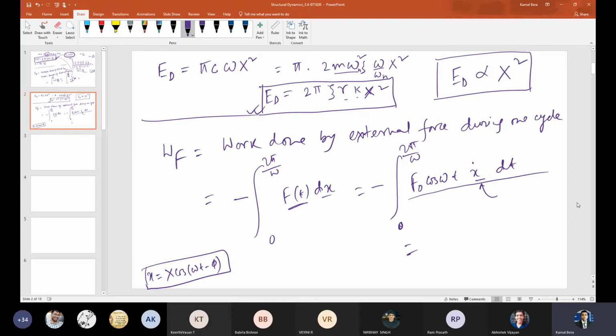So you just differentiate x, then you'll get x dot with sine, right? So cos a sine b.